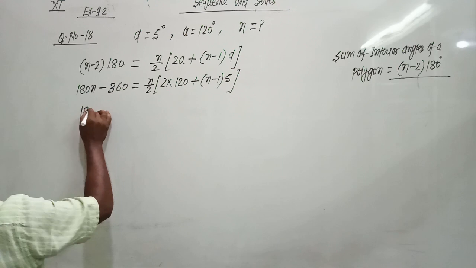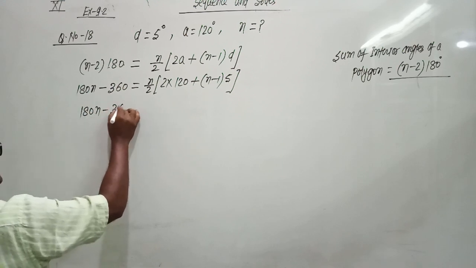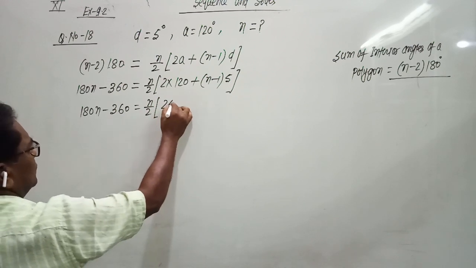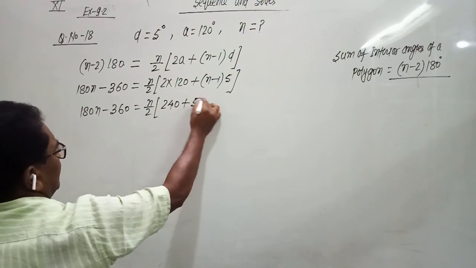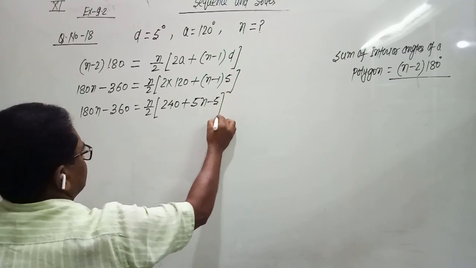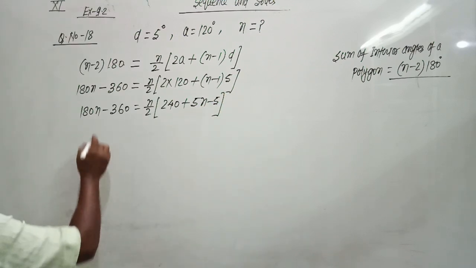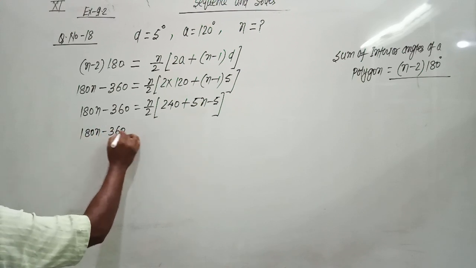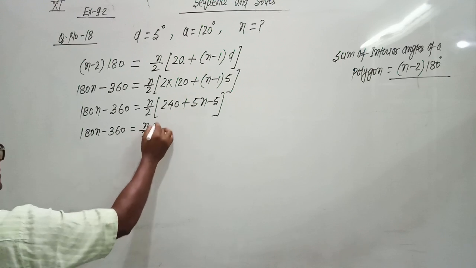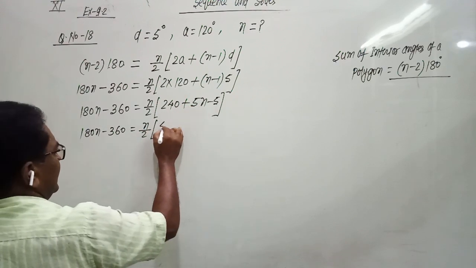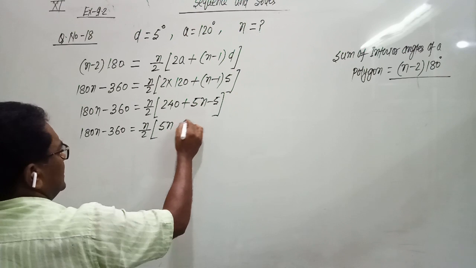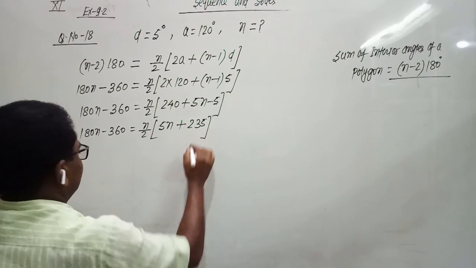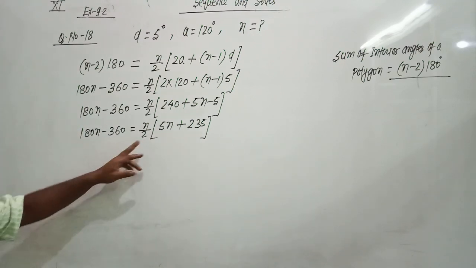So 180n minus 360 equals n by 2 into 5n and 240 minus 5, 235. Then we do cross multiply.